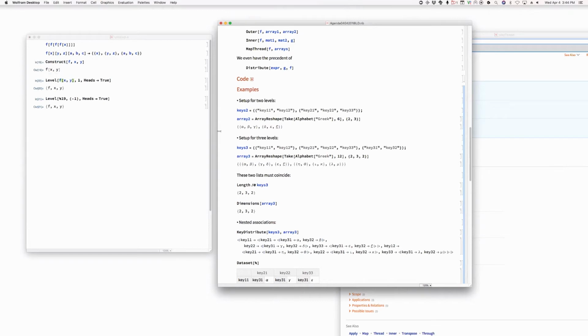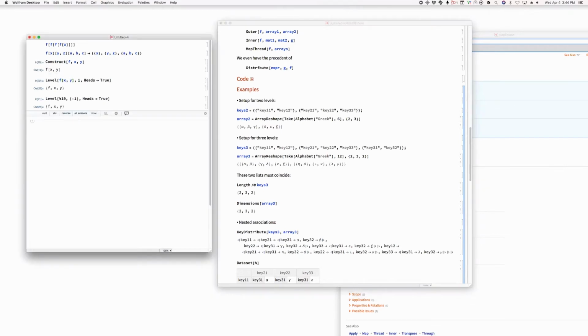Someone on the live stream suggests that this operation be called Deconstruct. It's kind of interesting. I don't know if it's terribly useful, but it's kind of interesting. I mean, the problem is the fact that heads and their arguments are distinguished in some way.